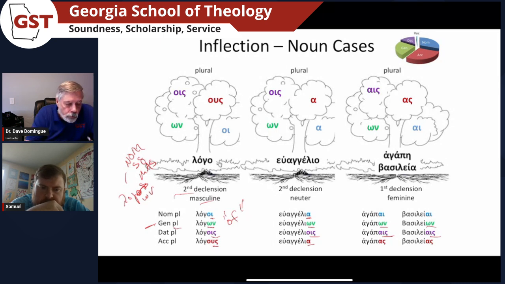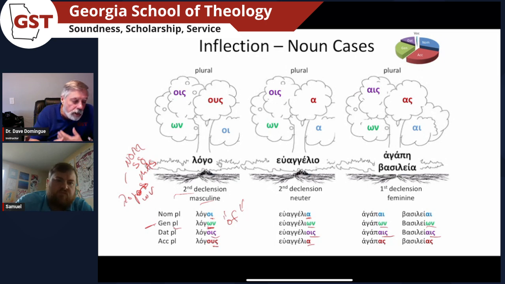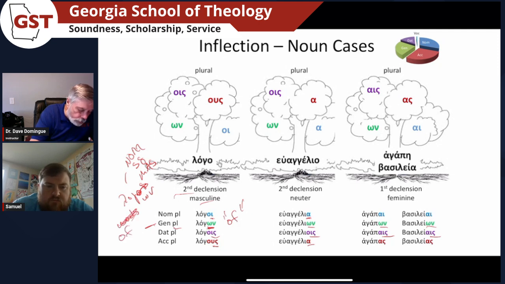Same word. It's still word or message or statement, but now it's going to be of, or in a possessive form in the plural. So now it would be of words. That would be its inflected form, right? Okay. And here's the dative. It would be in, or by, or with words.